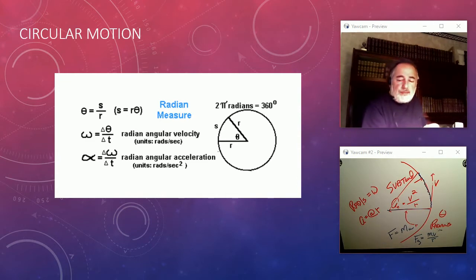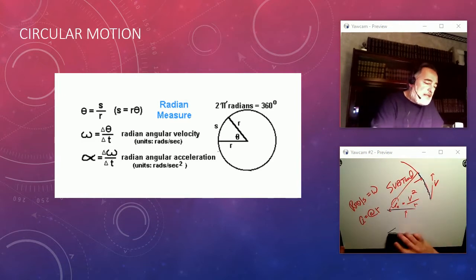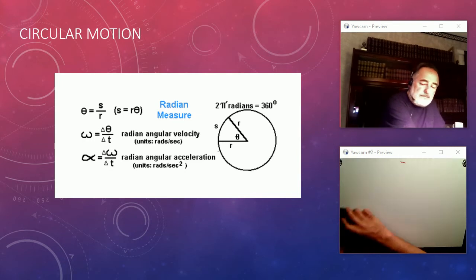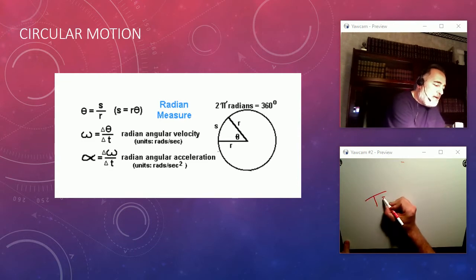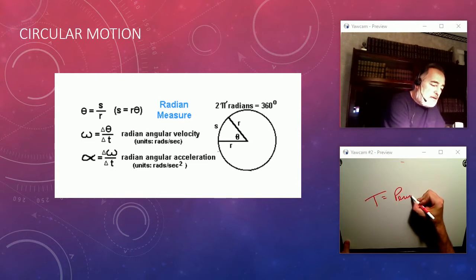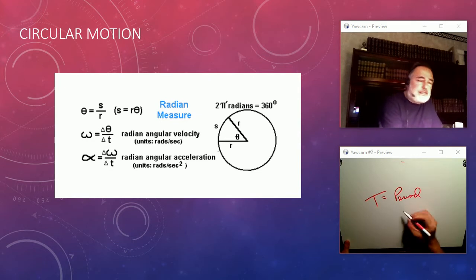Let's look at a couple of problems that you might be getting in terms of that. So you can just simply see how with acceleration equal v squared over r, how I can solve that type of equation. I also want to define something called the period. We're going to say period is T, and that's going to be in seconds.